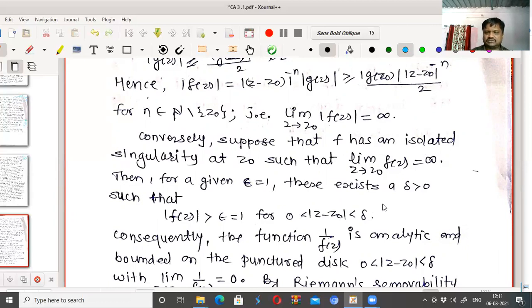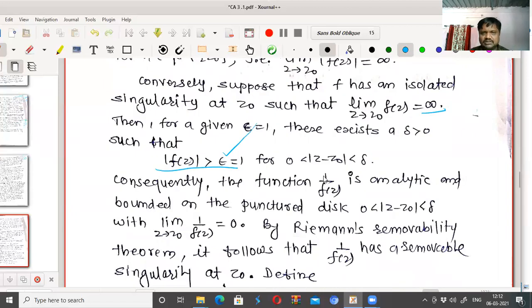Limit is infinity means what? We know that a finite limit means mod f z minus L should be less than some number, and limit infinity means what? As z tends to z0, mod of f of z is greater than any number, means increasing and increasing.